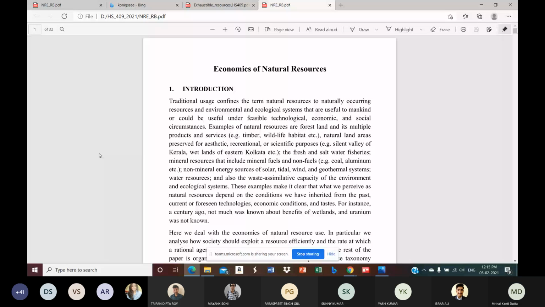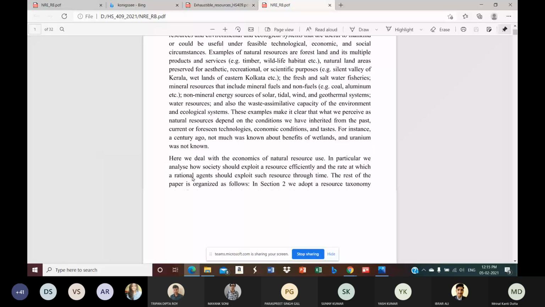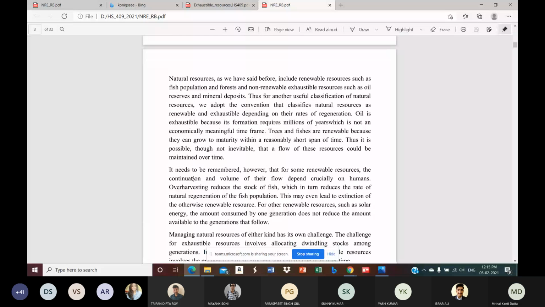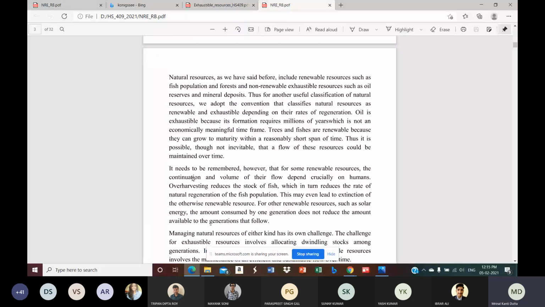Can you see the PDF? Yes, sir, we can see. This is visible, right? Yes, sir, yes.